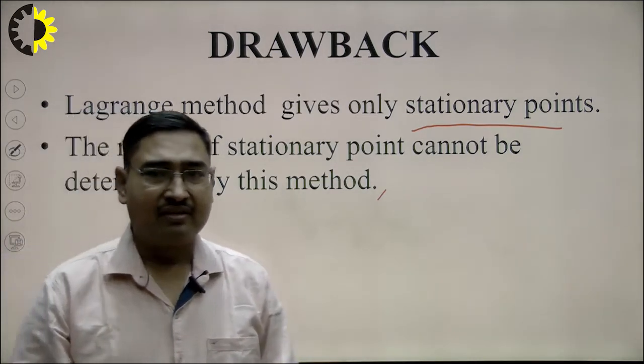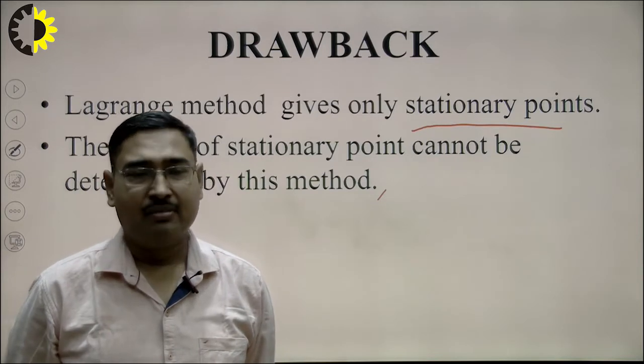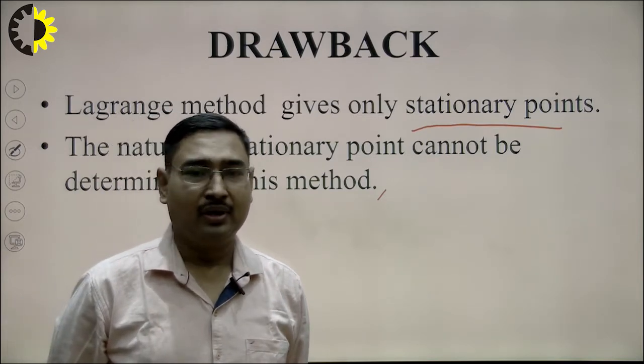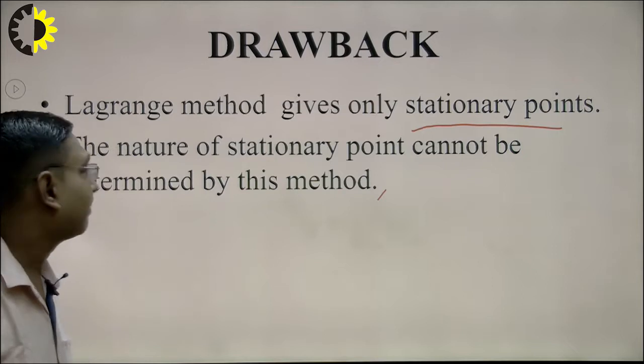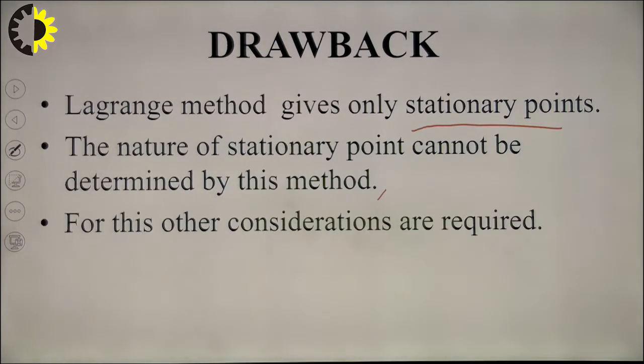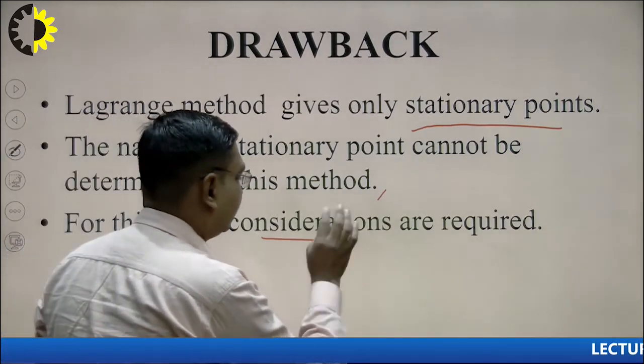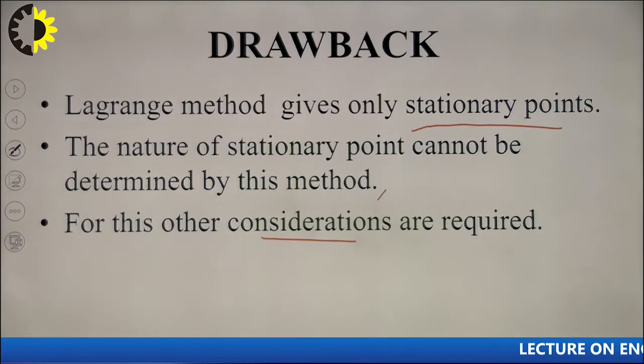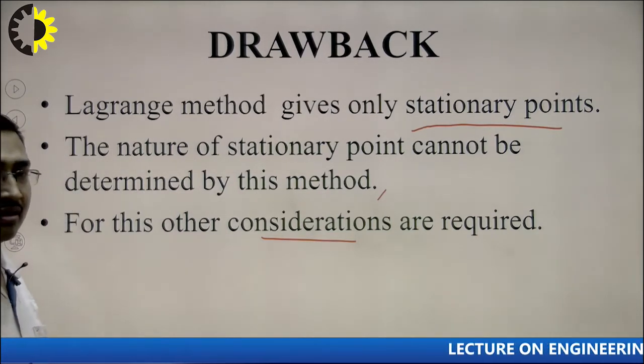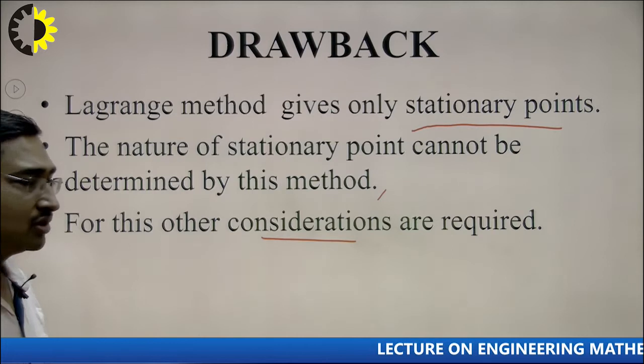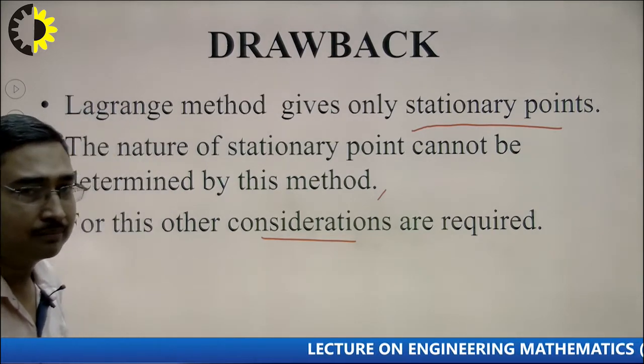But whether the function has a minimum or a maximum at that point, we are not able to determine through this method, and we need to go for other considerations to decide the nature of that point in terms of maxima or minima.